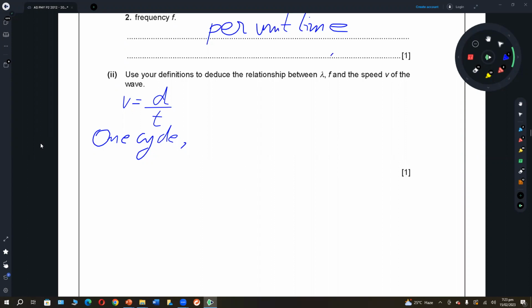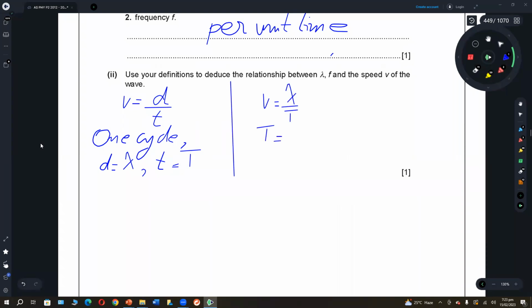So for one cycle, d, the distance, will be equal to lambda, and t will be equal to capital T. So once you do that, you will get v is equal to lambda upon T. Then you say to examiner that look, T is equal to 1 upon f. So you put it like this, lambda upon 1 upon f.